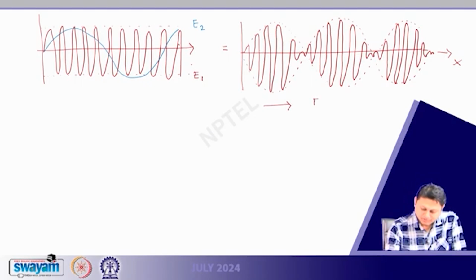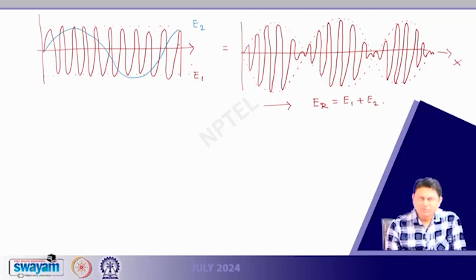So, the resultant one means ER, which is equal to E1 plus E2. And ER is a moving wave. It has a modulated amplitude. Inside this envelope, we have the distribution as well, which we call the carrier wave, having a frequency omega p, which is omega 1 plus omega 2 divided by 2.